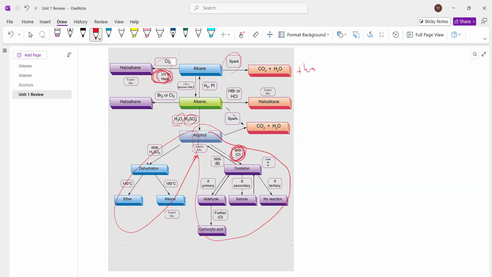These are plus heat. So we have the alkane with a spark, combustion, it forms carbon dioxide and water plus heat. And again, if we want to create the alkane from carbon dioxide and water, we have to supply heat.